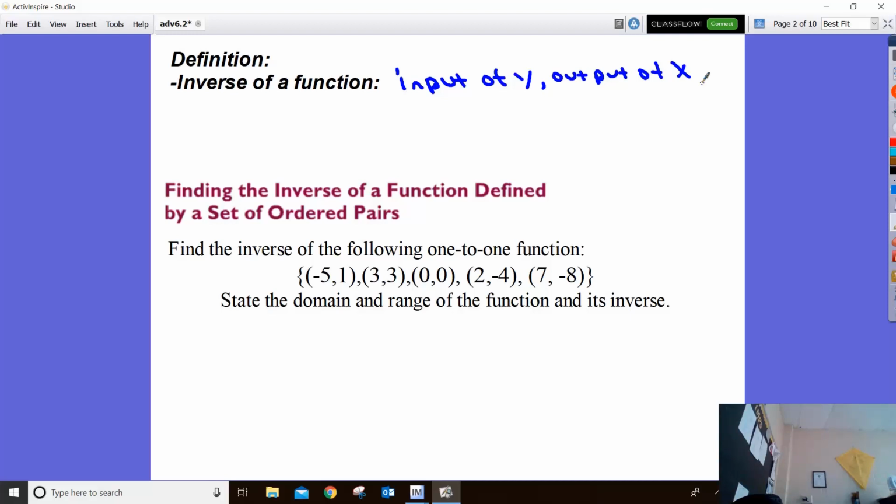Most functions you write are like y equals 3x plus 5. You feed it x, right? And it spits back y. So the inverse does exactly the opposite. And that is kind of the basic idea, that x and y swap places.